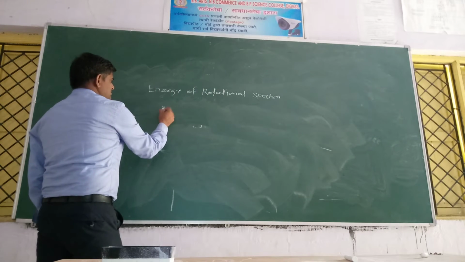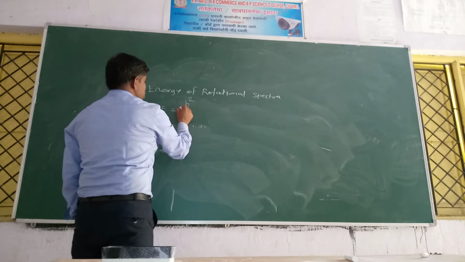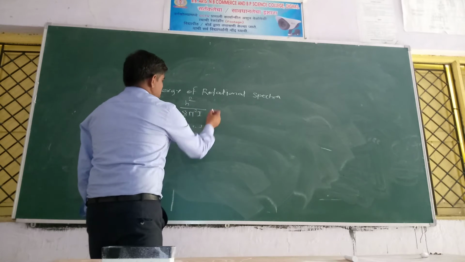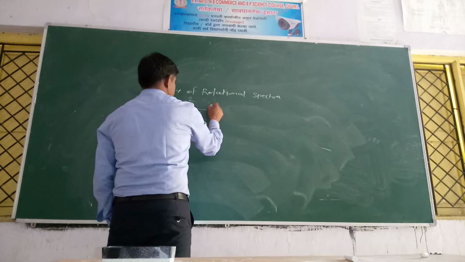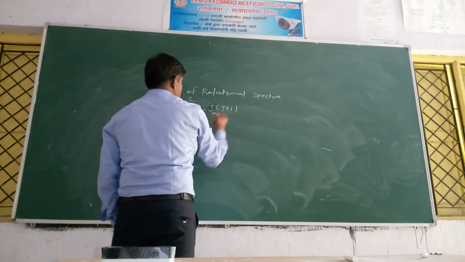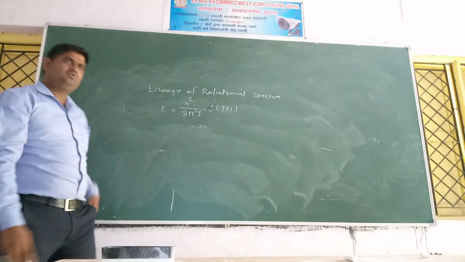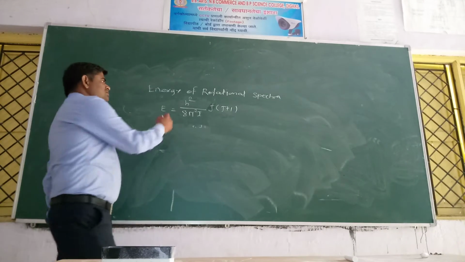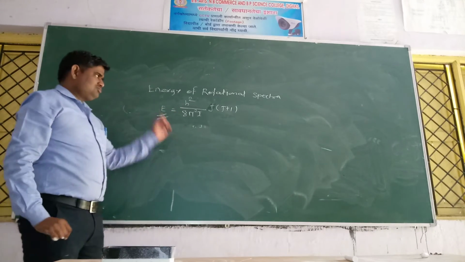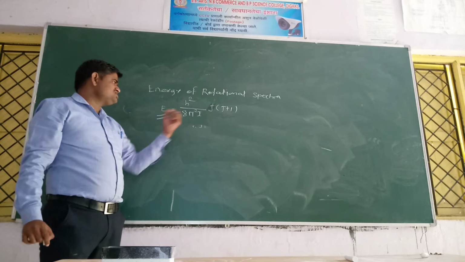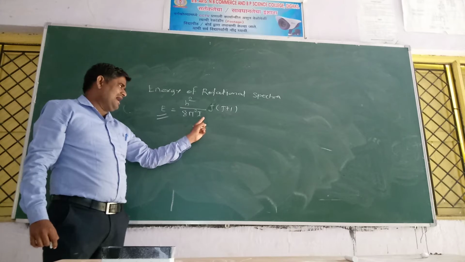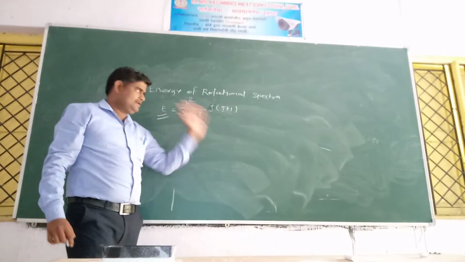According to the Schrodinger wave equation, when we solve it, we obtain the energy of rotational spectra, E is equal to h square over 8 pi square I, times J into J plus 1.